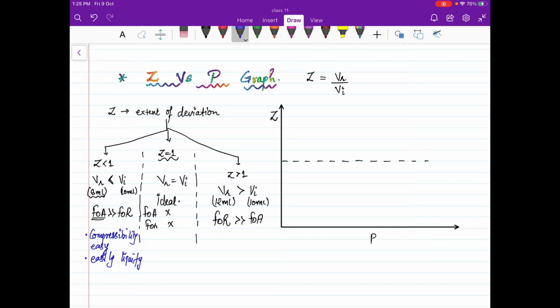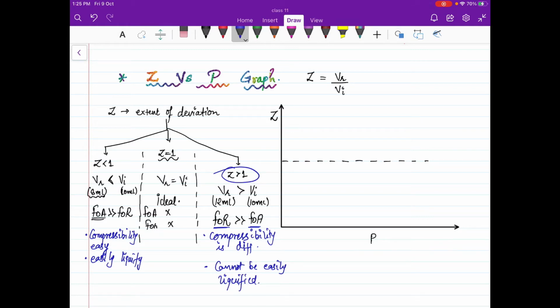Whereas in the third case, Z greater than 1, the force of repulsion is higher than the force of attraction. That means the compressibility of the gas is difficult over here. And if compressibility is difficult, I would say it cannot be easily liquefied.